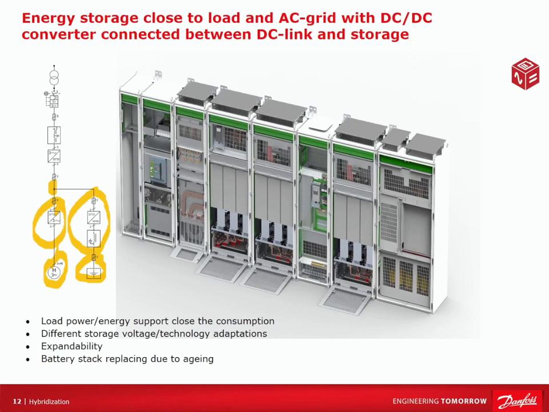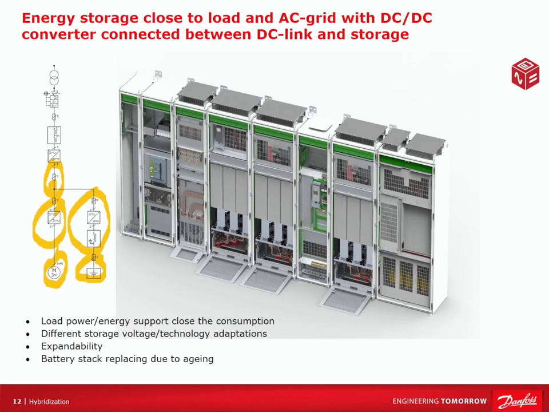This DC to DC converter is a buck boost type of converter, and so it also allows me to have a battery storage where the DC voltage doesn't necessarily have to match the DC voltage required here on my main bus for my overall load.